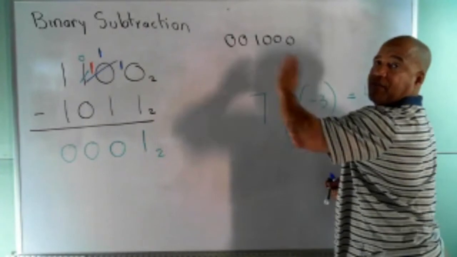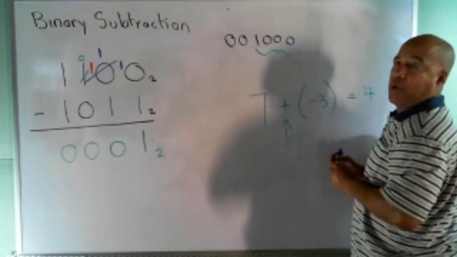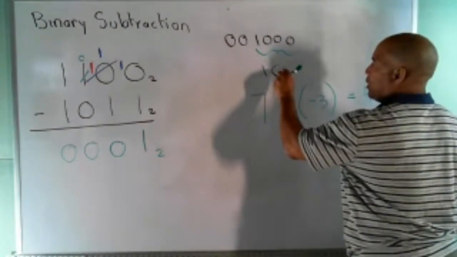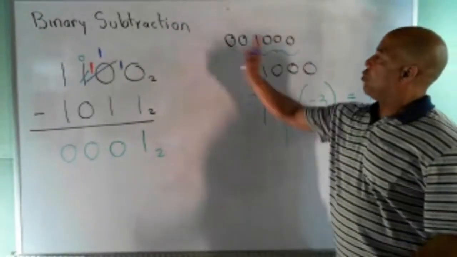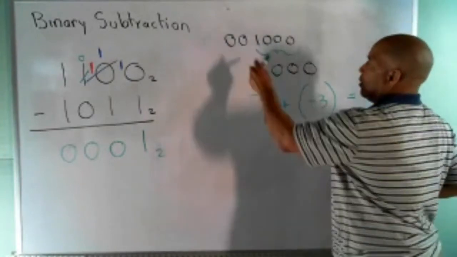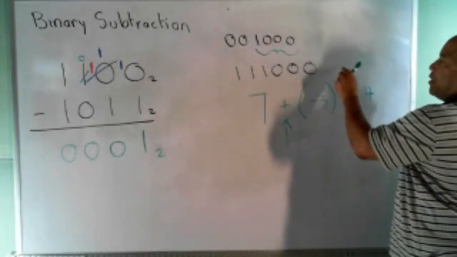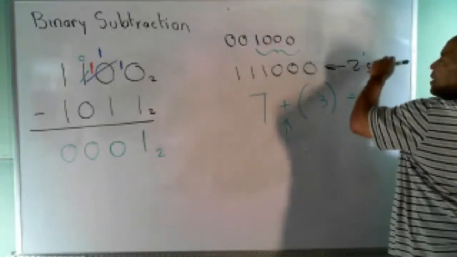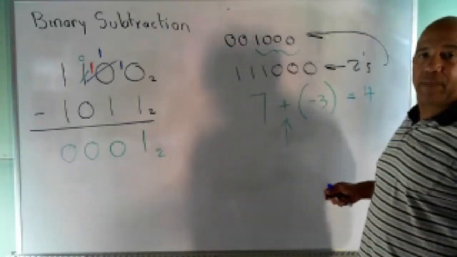So everything from here to here, I'll leave alone. I won't change it. I'll write it as it is. So I go 1, 0, 0, 0. Everything after that 1, I'm going to take the 1's complement of it. I'm just going to flip the bits. So this right here is the 2's complement of that number. So that's a form of a negative number in binary.